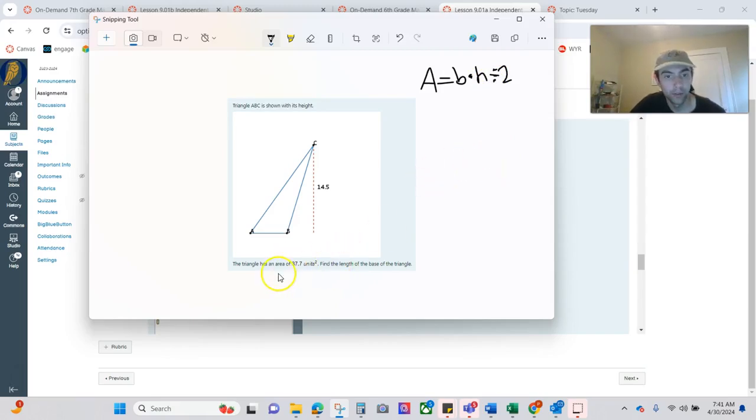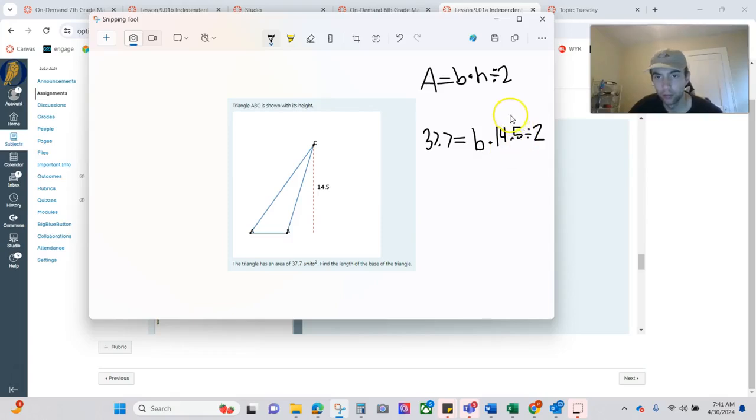This is a backwards question where we know the area, 37.7, and we know the height, but we don't know the base. So let's simplify and solve this question, working backwards.